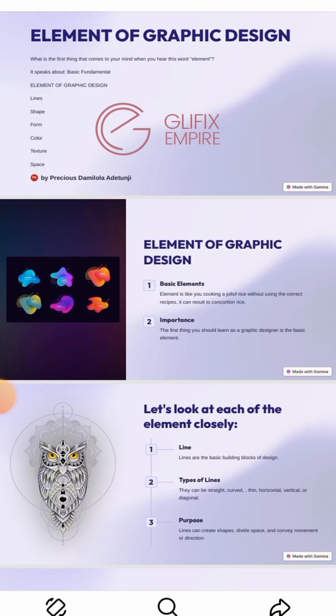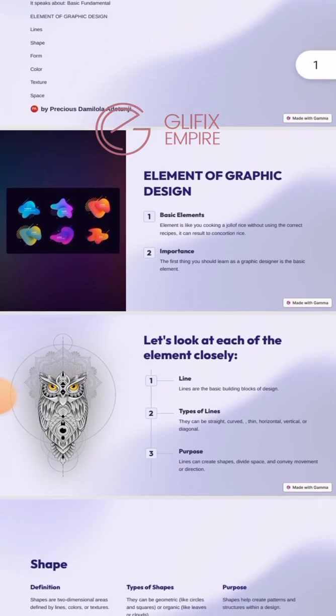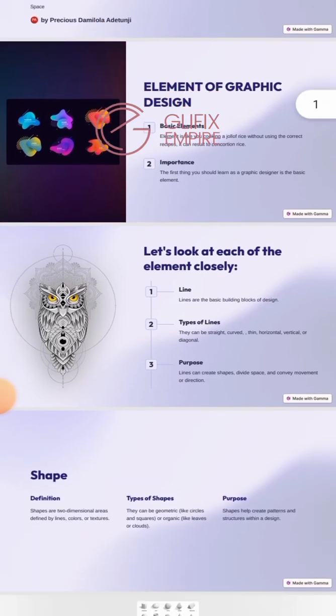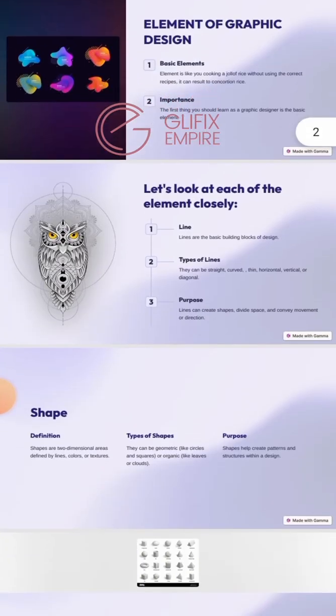So we have 6 elements of design here. We have lines, shape, form, color, texture, and space. We are going to consider them one after the other very quickly.